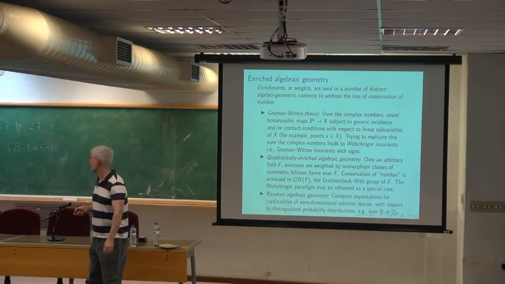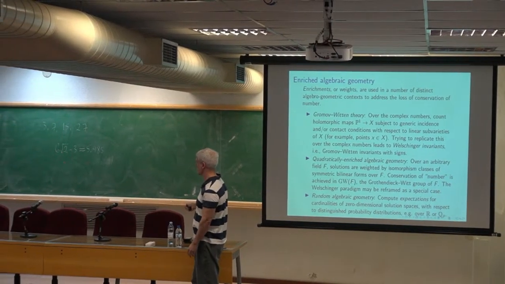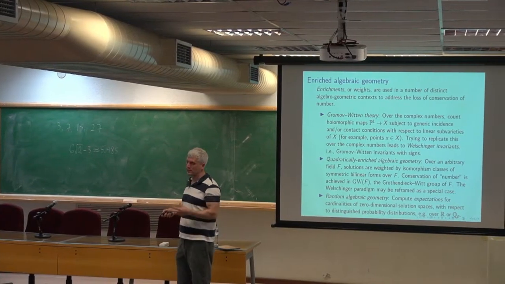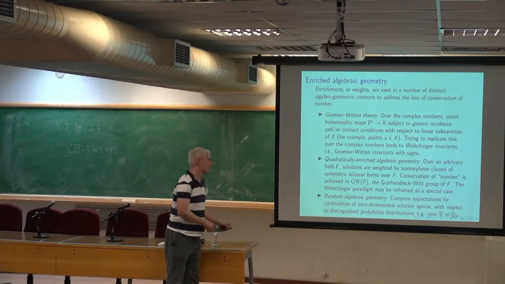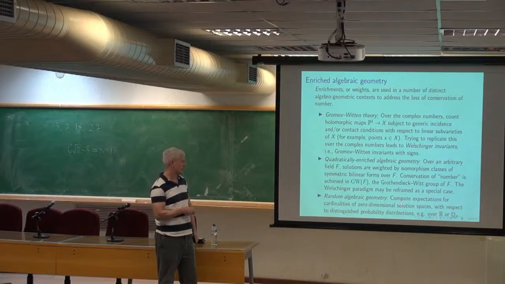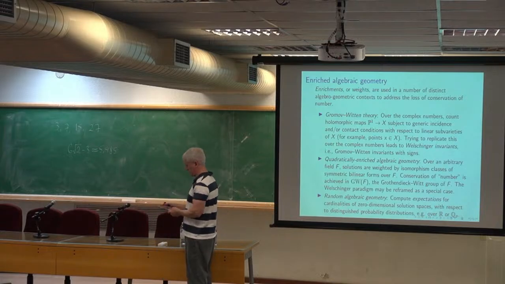And then something I won't talk about today, but which is in a similar spirit and explains this 6 square root of 2 minus 3 on the board, is an example of an expectation that you can compute doing random algebraic geometry. Specifically, if you try to compute expectations for cardinalities of solution spaces that you expect to be zero-dimensional, say over the real numbers or over a p-adic field, you can do that.